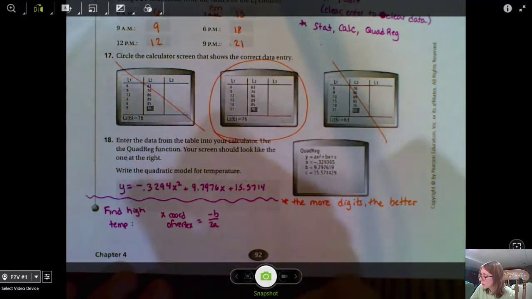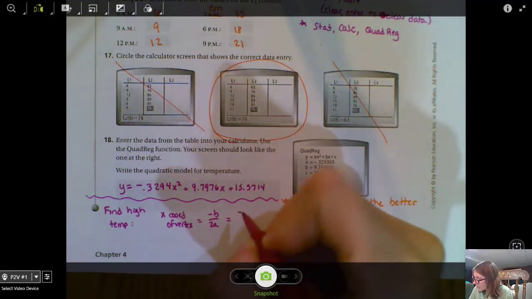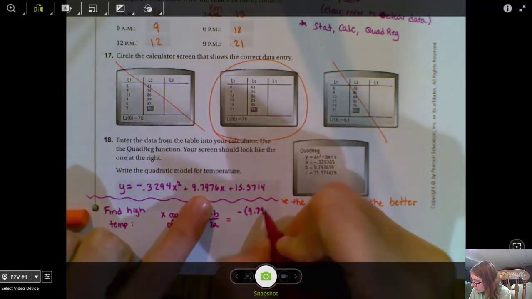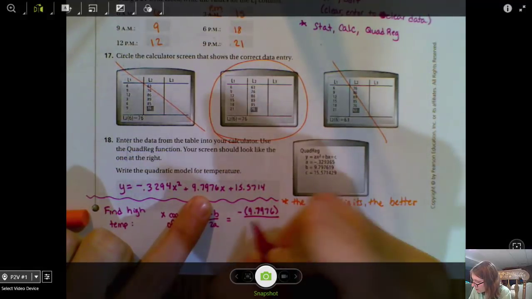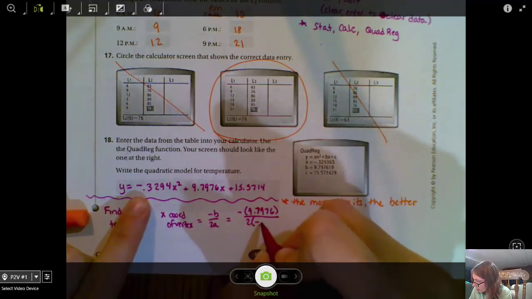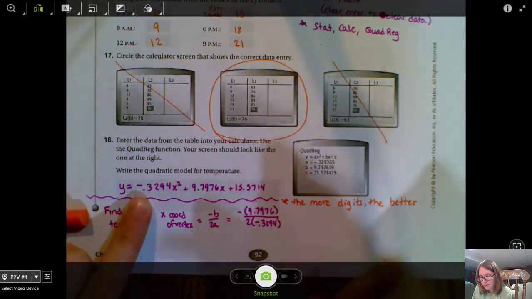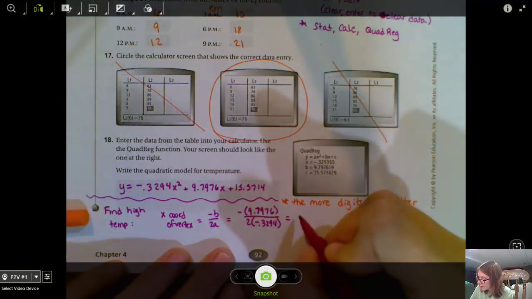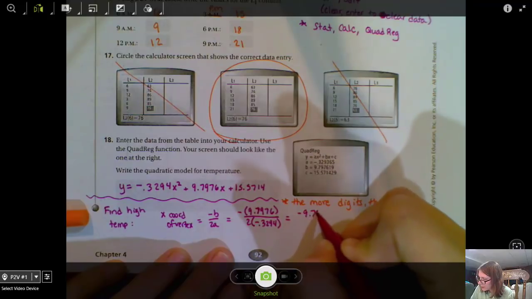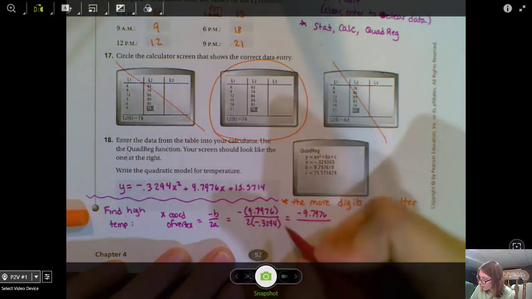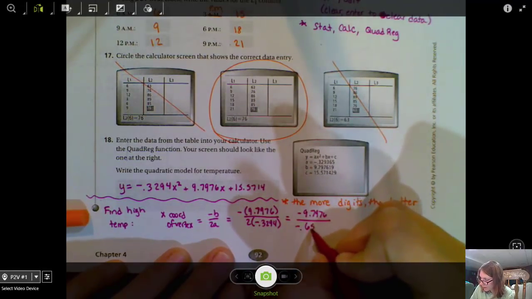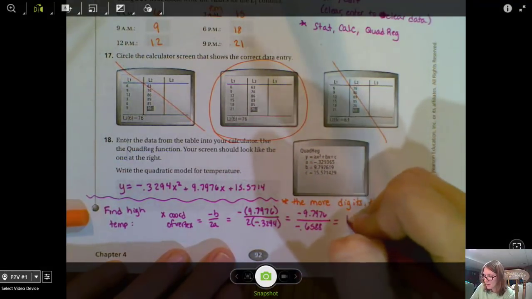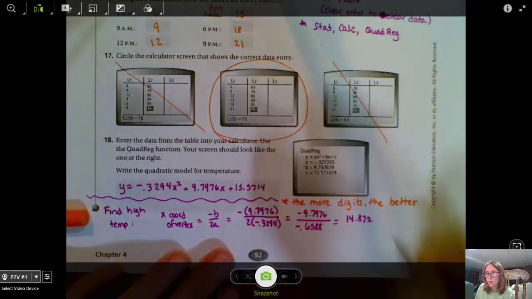I have my b and a values for my equation here. So negative 9.7976 over 2 times negative 0.3294. This is negative 9.7976 over negative 0.6588, which ends up being 14.872.